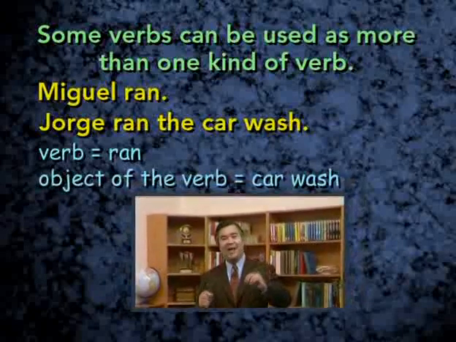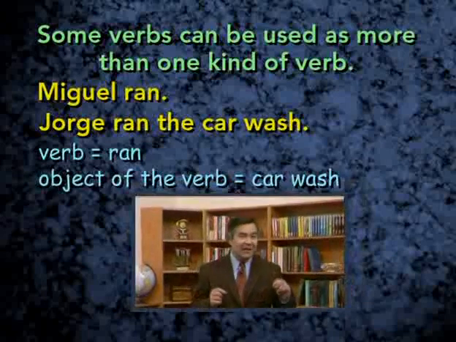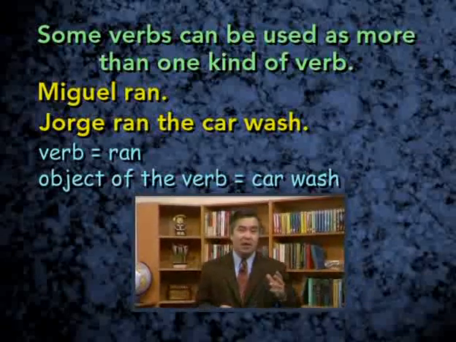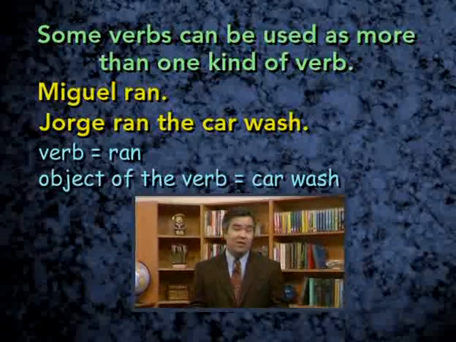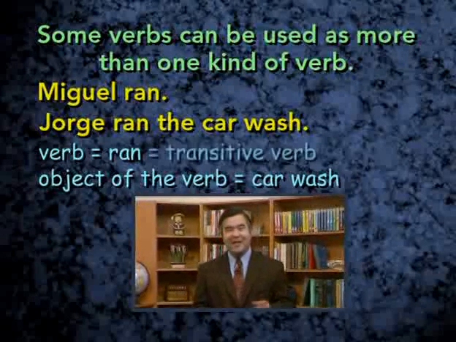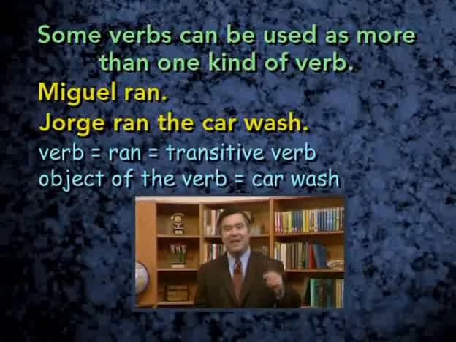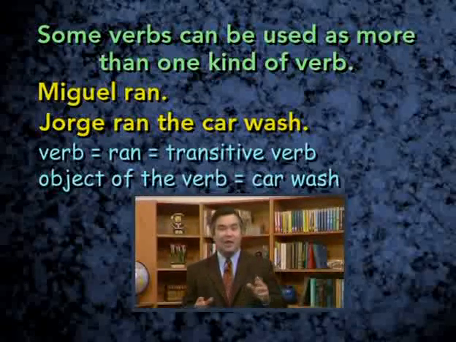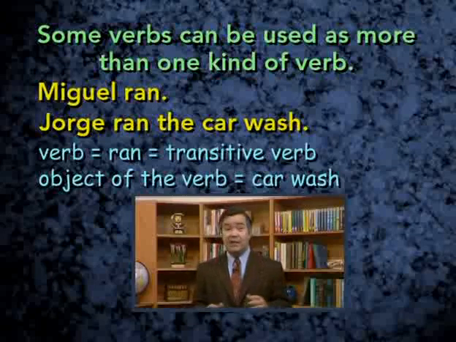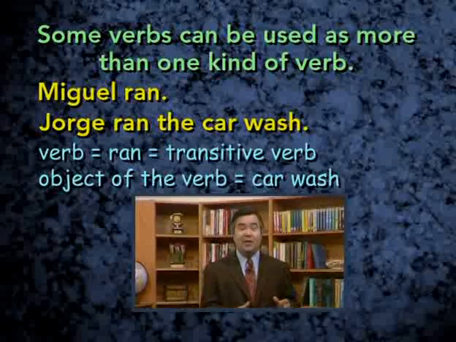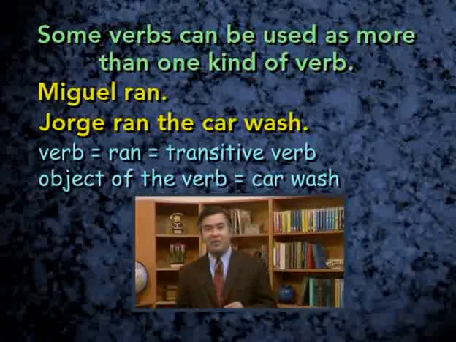That is what Jorge ran. So in this sentence, the verb ran, this very same verb that we saw a moment ago being used as an intransitive verb, is being used as a transitive verb, a verb that has an object which receives the action of the verb. So these two sentences show us that the same verb can sometimes be used as either a transitive verb or an intransitive verb.